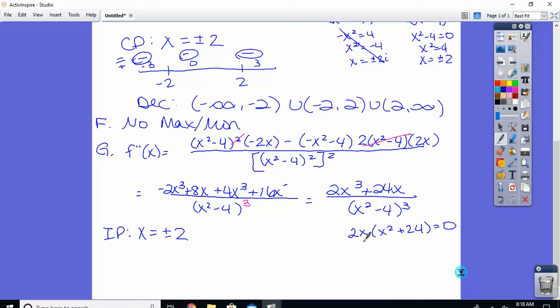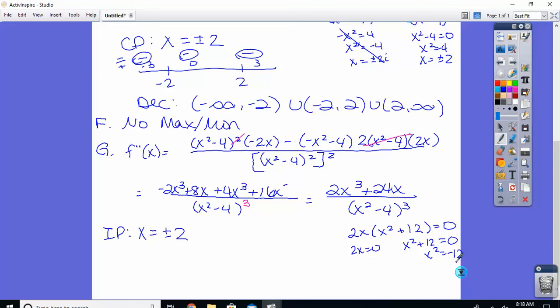Okay, so either 2x equals 0, or x squared plus 24 equals 0. Yes, thank you. So I pulled out a 2. If you subtract that 12 over, you get x squared equals negative 12.